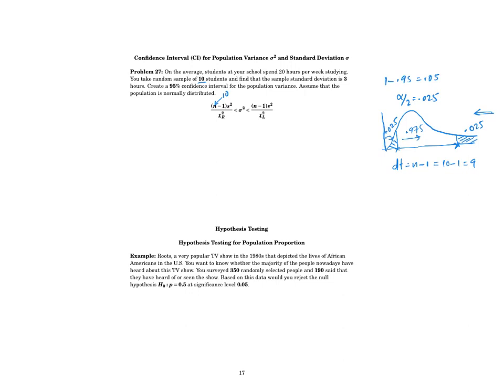So this gives you chi-square sub L, this gives you chi-square sub R. Okay, once you find these values, you plug it in here, plug it in here. You have n and you have s that's given, which is 3. So you just plug in these numbers. That gives you the confidence interval. Alright, hopefully this makes sense.